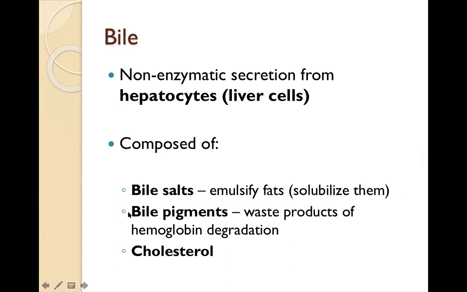But there's also bile pigment, and this is pigment that is the result of breakdown of the hemoglobin within red blood cells. If you've ever seen bile, it's kind of a greenish color, and that greenish color actually comes from the broken down hemoglobin. It's sort of yellowy green. And then also within bile is a little bit of cholesterol, that sterol-based compound that we talked about on day one.